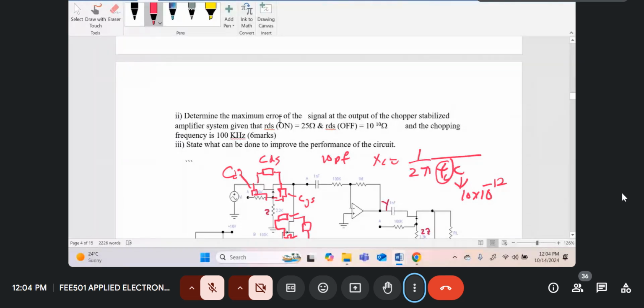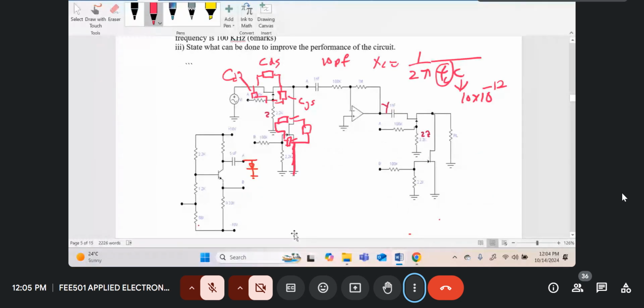So this is actually the circuit over here. We know how to improve the performance of the circuit. Number one, use the lowest frequency that is possible. Use a sinusoidal drive. Okay. Then optimize the modulator and demodulator to give you the minimum switching spikes. That is it.